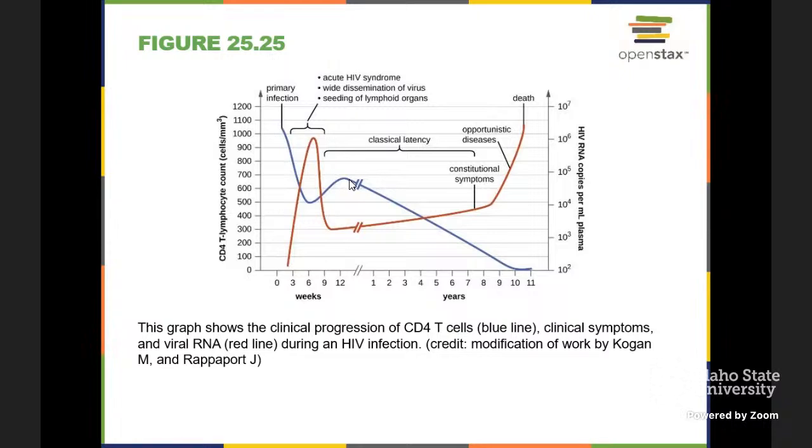So we get a little bit of time, potentially a few years, maybe a handful of years. And in the course of that time, T cell levels still are being depleted. HIV levels are slowly coming up.